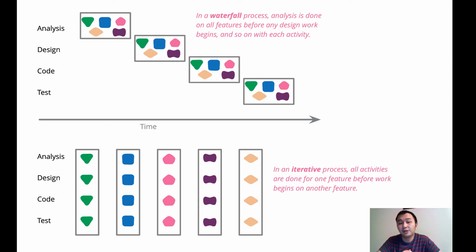For this class, we will also focus on the iterative process. Later on we're going to learn that it's called the Agile Manifesto, and in Agile development methodology there are different processes or models that you can adopt depending on the need of your team. We will take a closer look at what each of them are.